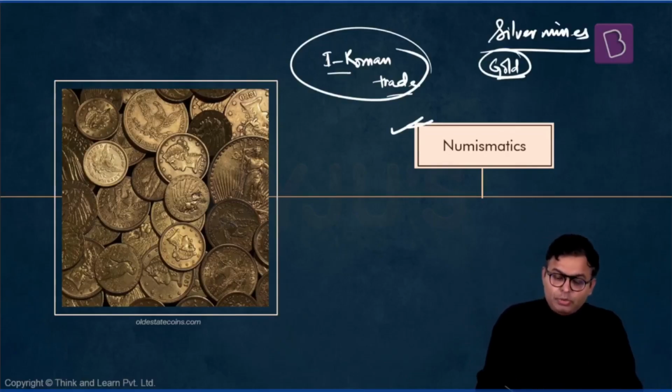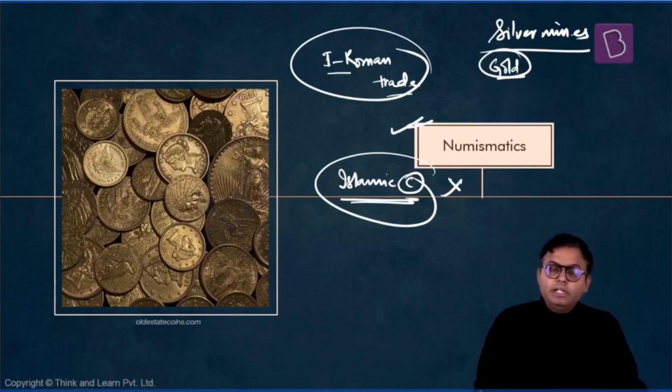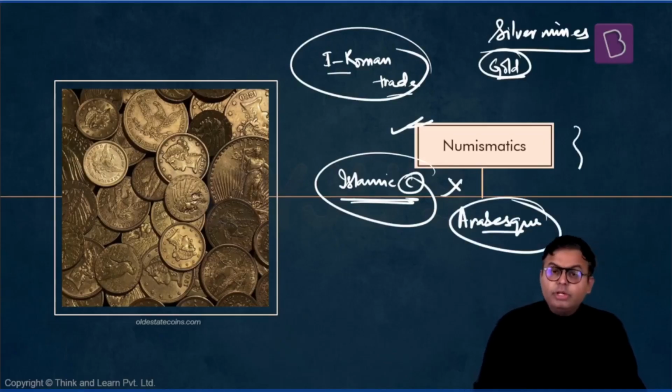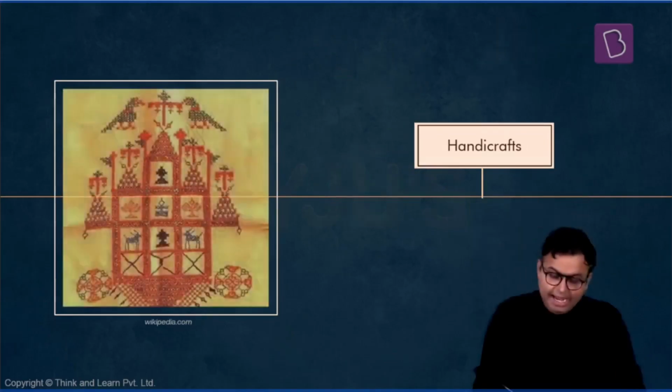But when we talk about the Islamic coins, then we also have to understand their belief system, in which the practice of depicting the image of gods and goddesses was stopped. And instead we had what we know as the arabesque technique or kalimas. So the study of coinage has to be understood also in the perspective of the belief system.